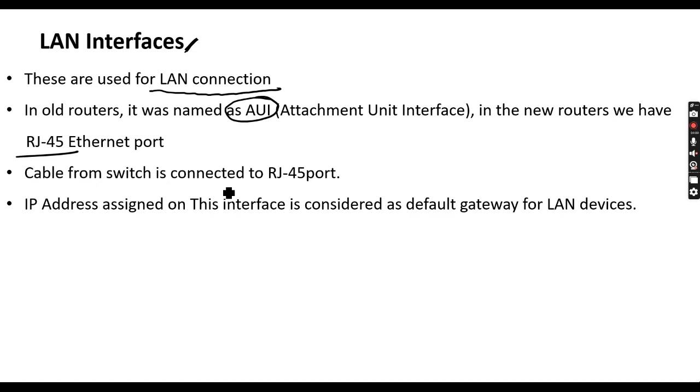Make sure the cable from the switch is connected to the router's RJ45 port, which is your LAN interface. And always remember, when the router is connecting to your LAN devices, this interface's IP address will become the default gateway. The IP address assigned to the interface will become the default gateway for your LAN devices.